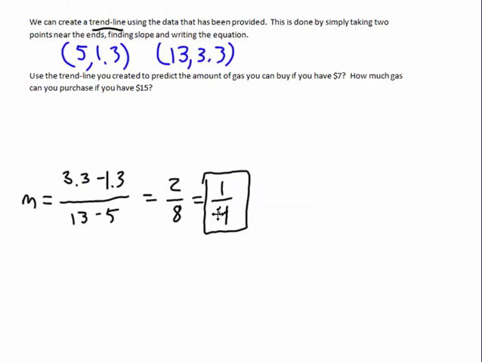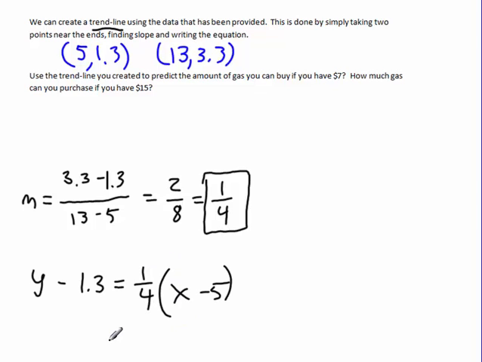So once we have our slope, then we could use one of these points and put it into point slope form. So we're going to have y minus, and I'm going to choose the first one here, y minus 1.3 equals our slope, 1/4, times x minus 5.